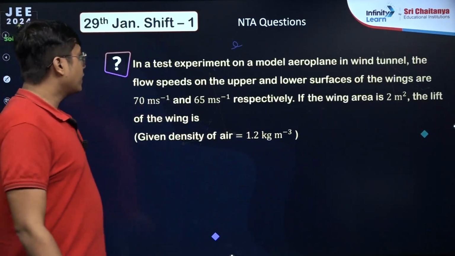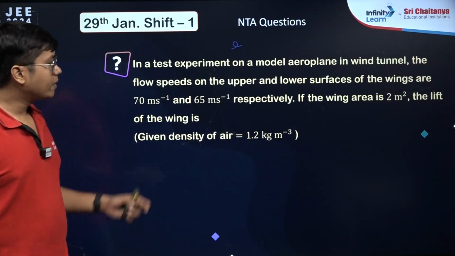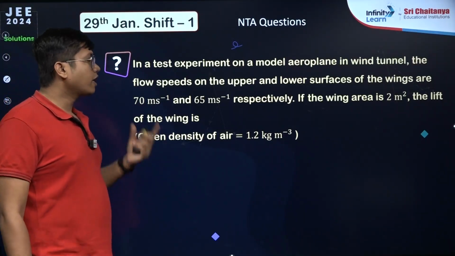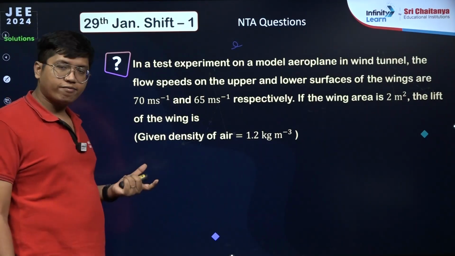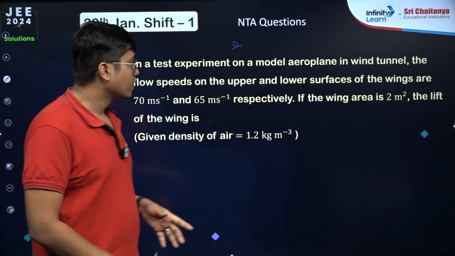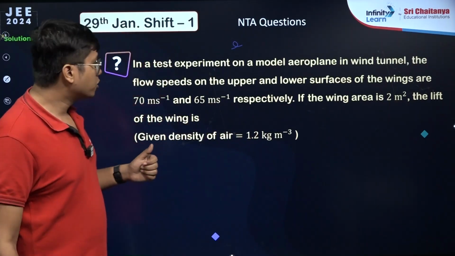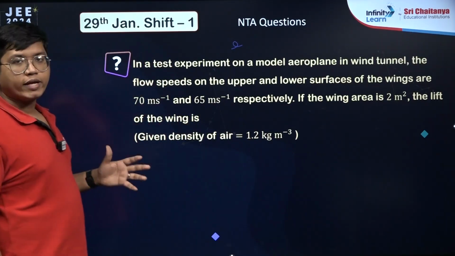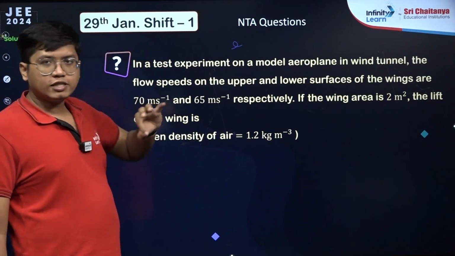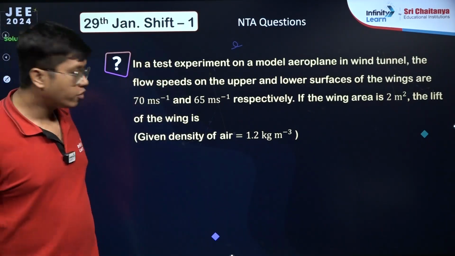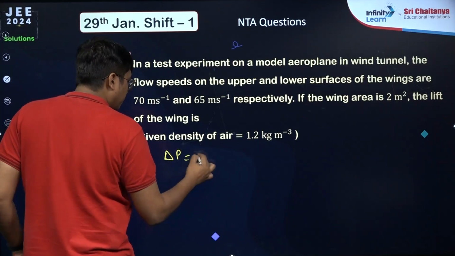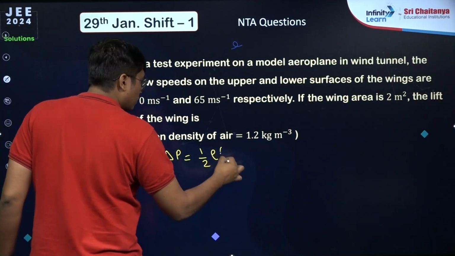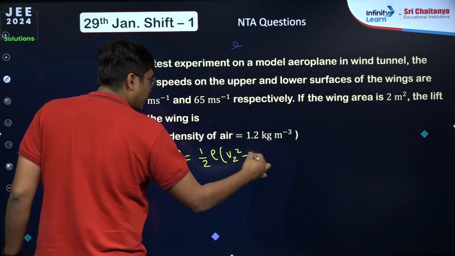Next question says that in a test experiment on a model airplane in a wind tunnel, flow speeds on the upper and lower surfaces of the wings are 70 meters per second and 65 meters per second respectively. If the wing area is 2 meters square, then the lift of the wing is how much? So this is pretty straightforward from Bernoulli's theorem. We know that the pressure difference delta P is always half rho (V2 square minus V1 square).